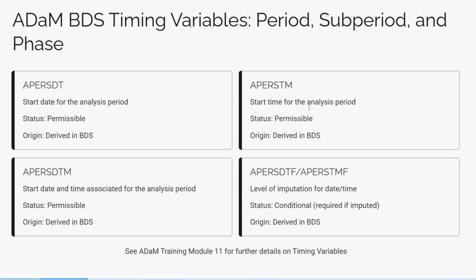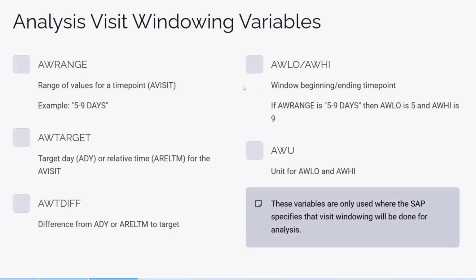Okay, so let's continue with this part. Analysis window range: the range of values for the time point, for example 5 to 9 days. The analysis visit windowing concept is very important in ADaM when you come to ADaM imputations. So, analysis visit window target: the target day or relative time for the visit.